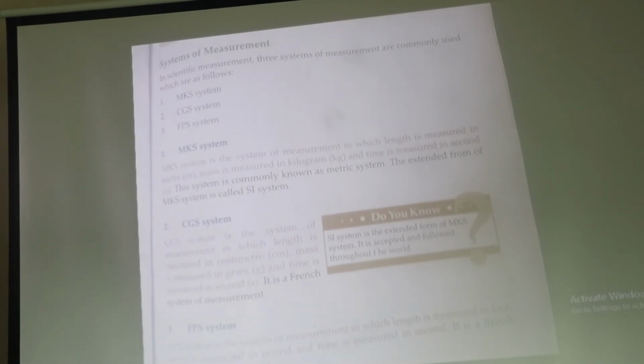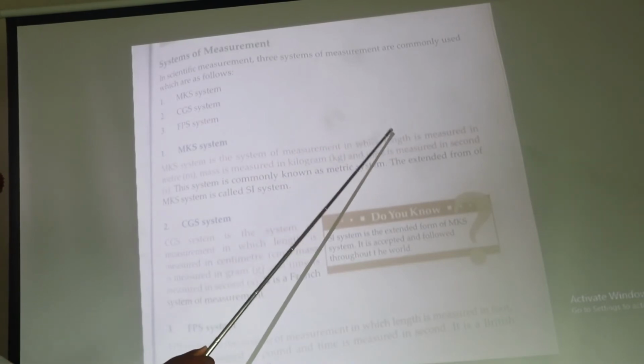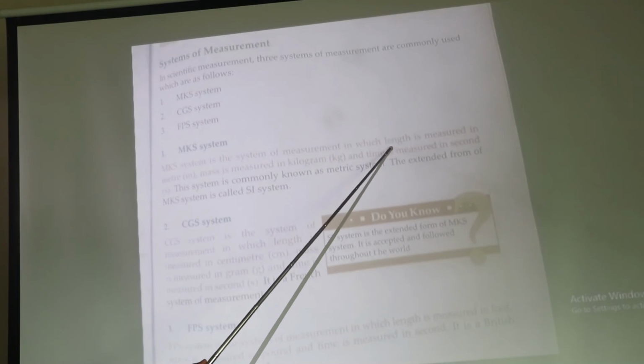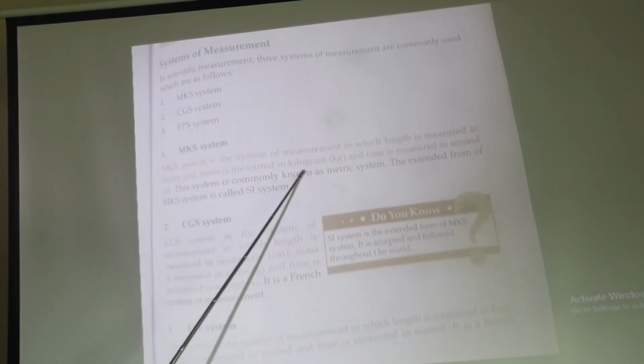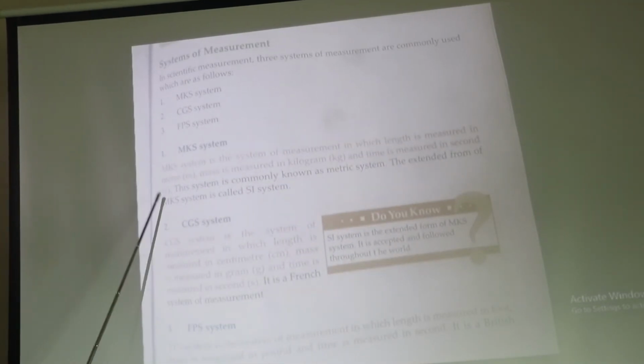We should be clear about the MKS system, CGS system and FPS system. I am going to repeat once again. MKS system is the system of measurement in which length is measured in meter, mass is measured in kilogram, and time is measured in second.